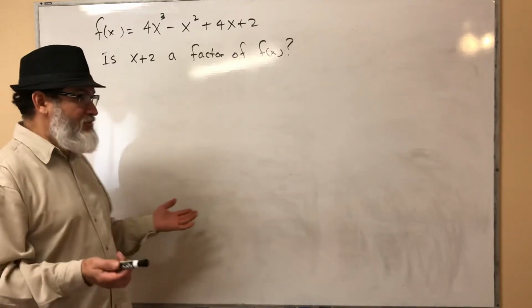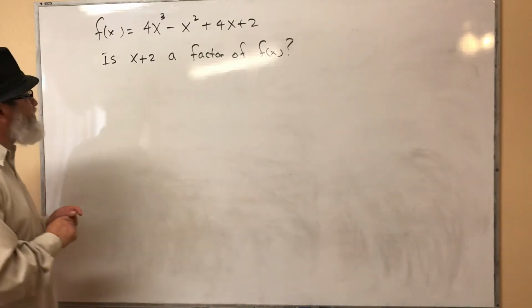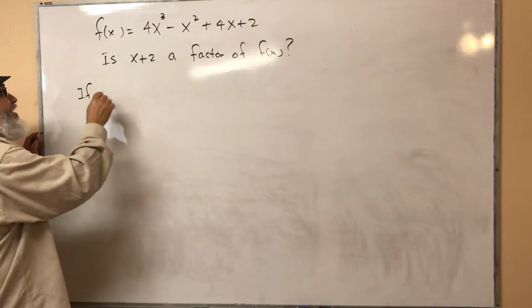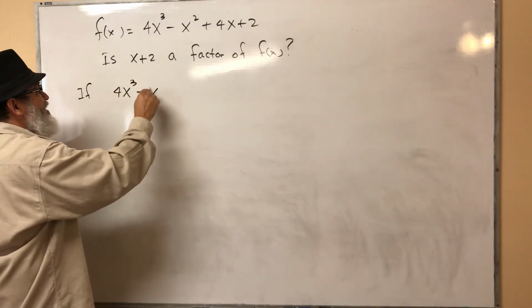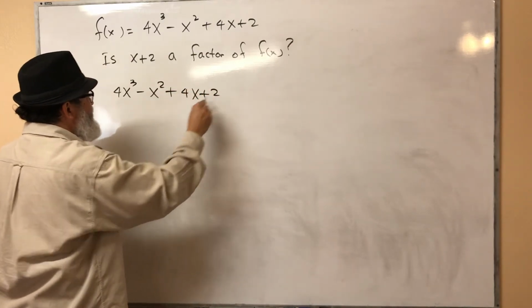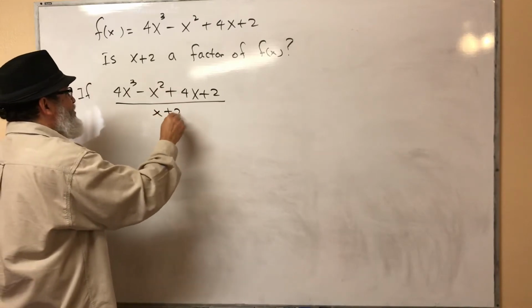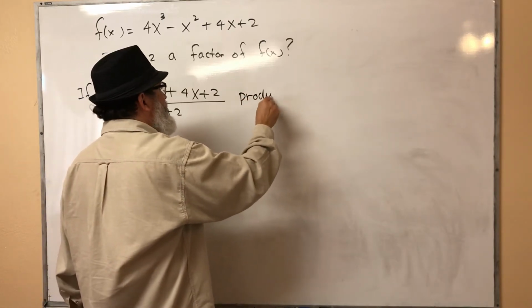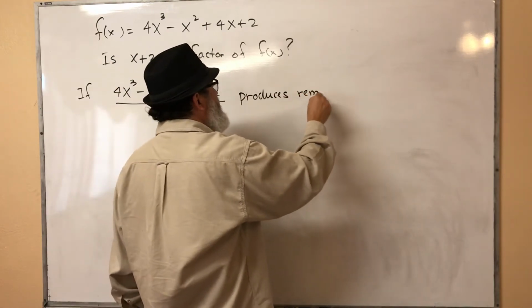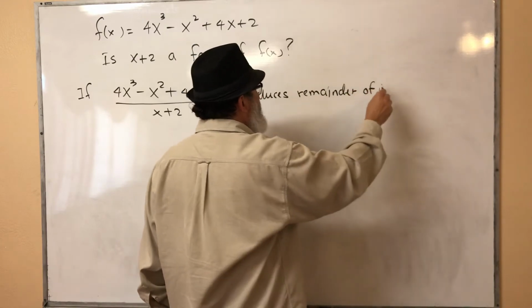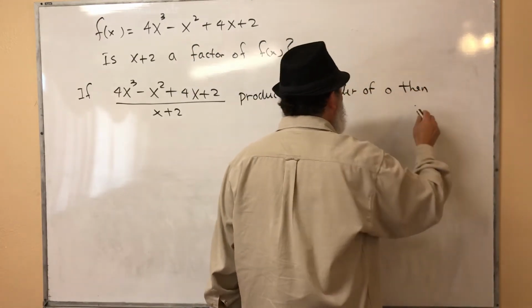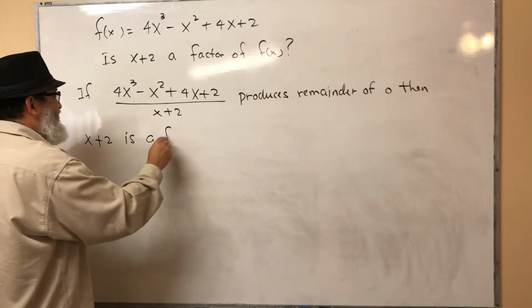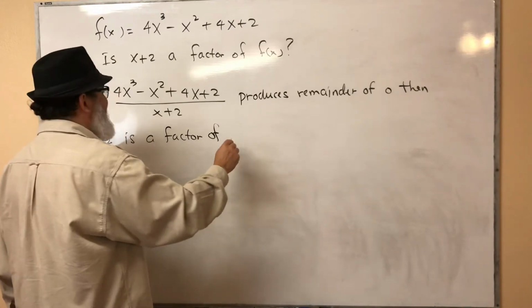From the prior concepts. So, if 4x cubed minus x squared plus 4x plus 2 divided by x plus 2 produces remainder of 0, then x plus 2 is a factor of f of x.